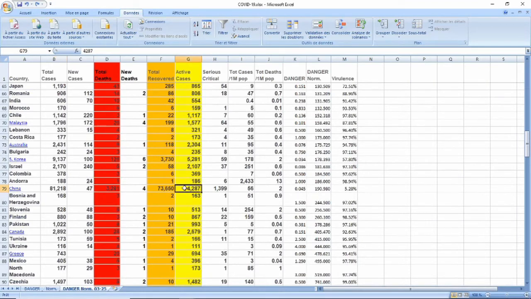That really tells us that China seems to be past the worst. And I've done that. It's a simple percentage. Out of the total cases, how many are still active? It's a simple percentage, which I've done right here.